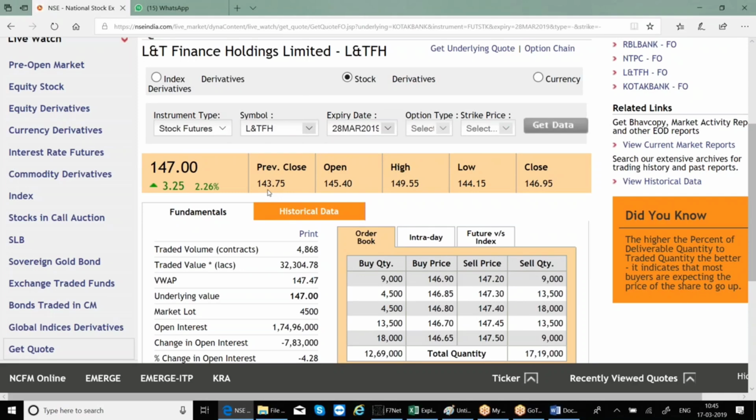Got it? Can I buy this with a stop loss below the day low, yesterday's close, or today's low? There is not much difference, only 50 paise, so I can take a little more as an SL and try.